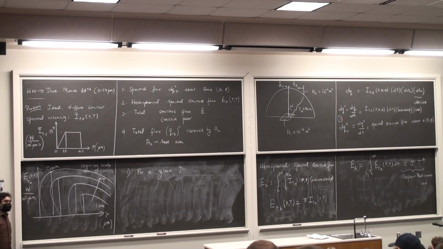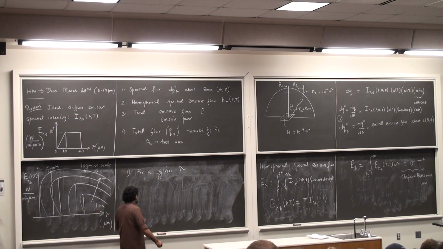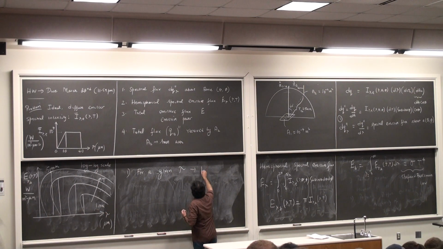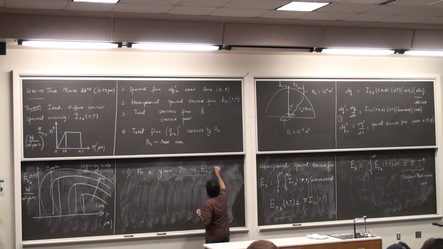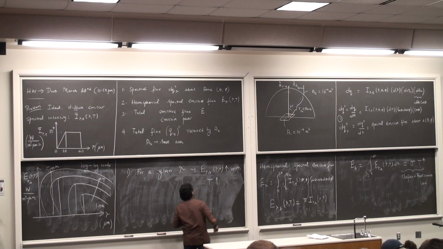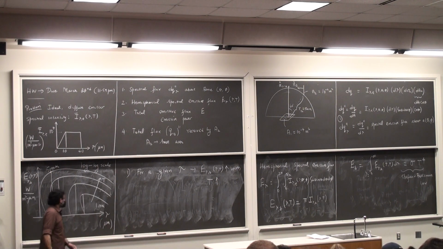It's like ghost letters sometimes pop out. But let me know if you cannot see it clearly. So for a given lambda, E lambda comma B increases with temperature. It is quite evident from the plot.